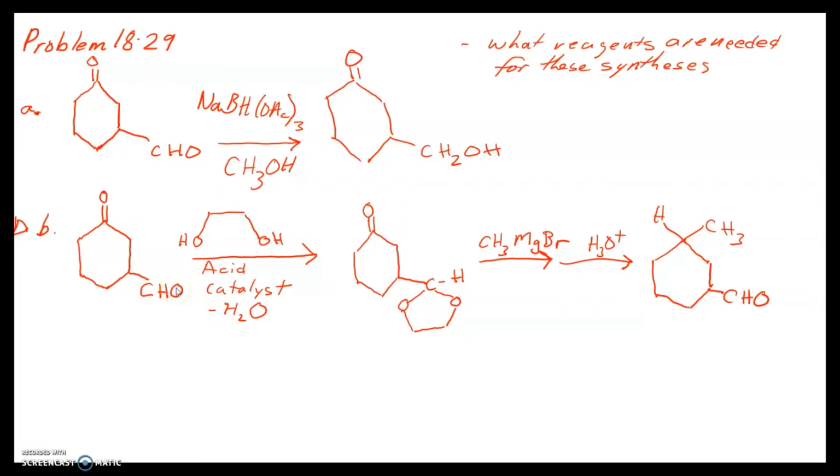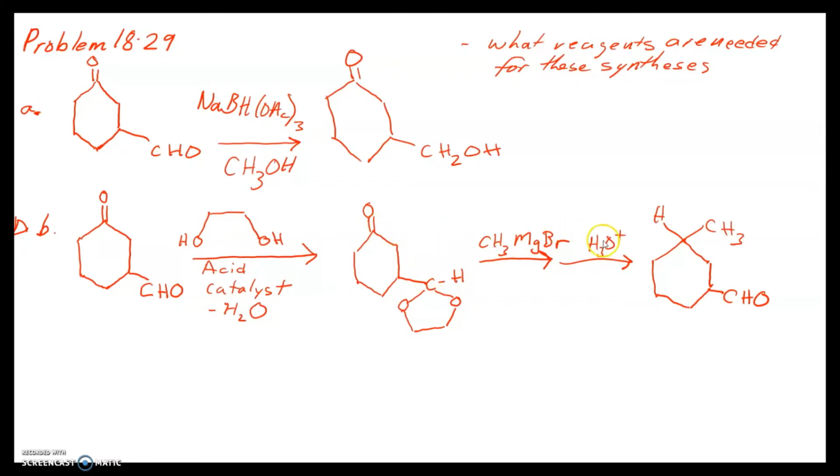To protect this aldehyde, we are going to use this diol. And when we use this diol in presence of acid, then we get this cyclic acetal. When the cyclic acetal is formed, this is not an aldehyde anymore, and is not very reactive toward a Grignard reagent that we add later, and the Grignard reagent is going to attack the ketone.